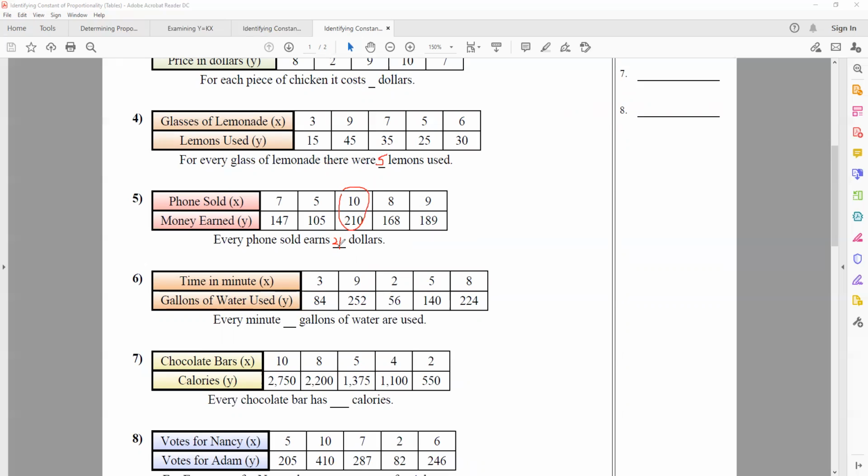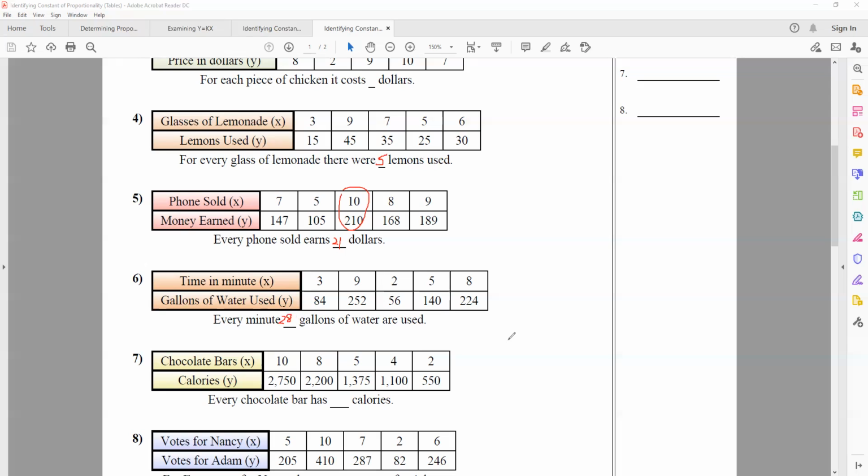Then every minute, let's see, that would be 3, and so every minute 24 gallons of water are used. I mean 28. Yeah, 28.